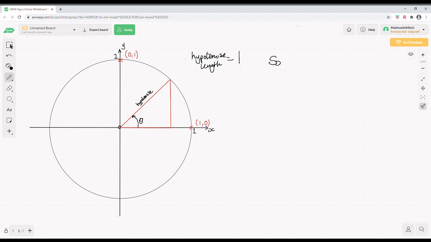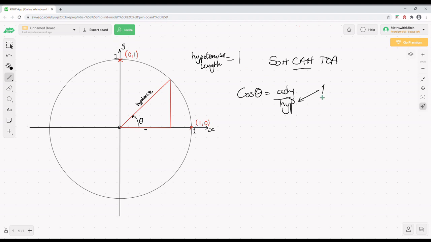So remembering our ratios, and we can write down SOHCAHTOA in case we forget, let's look at one of the lines to start with. So let's look at this acting on the bottom here. That is using the adjacent, so we're going to be using cos. So we can say cos of the angle is adjacent over hypotenuse, but we've just said that the hypotenuse is 1.